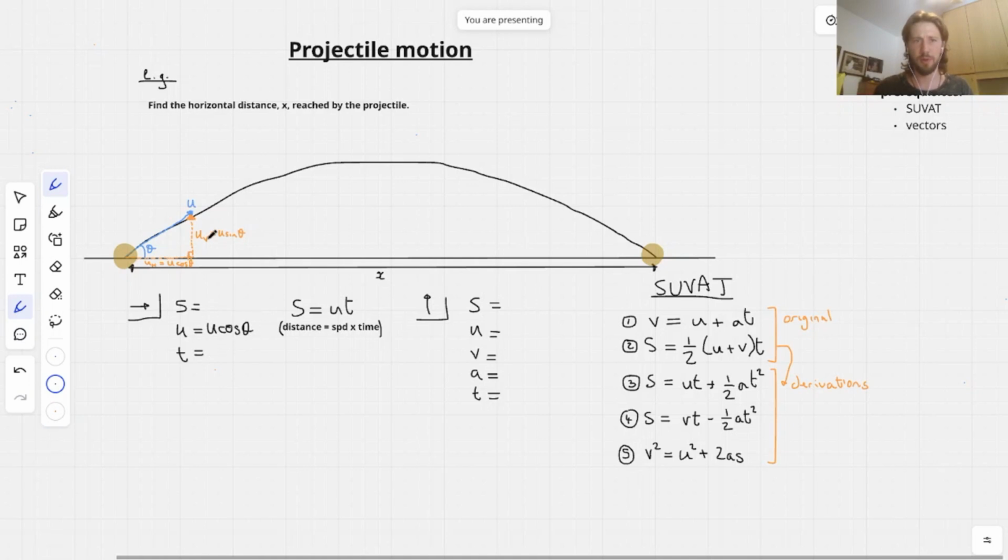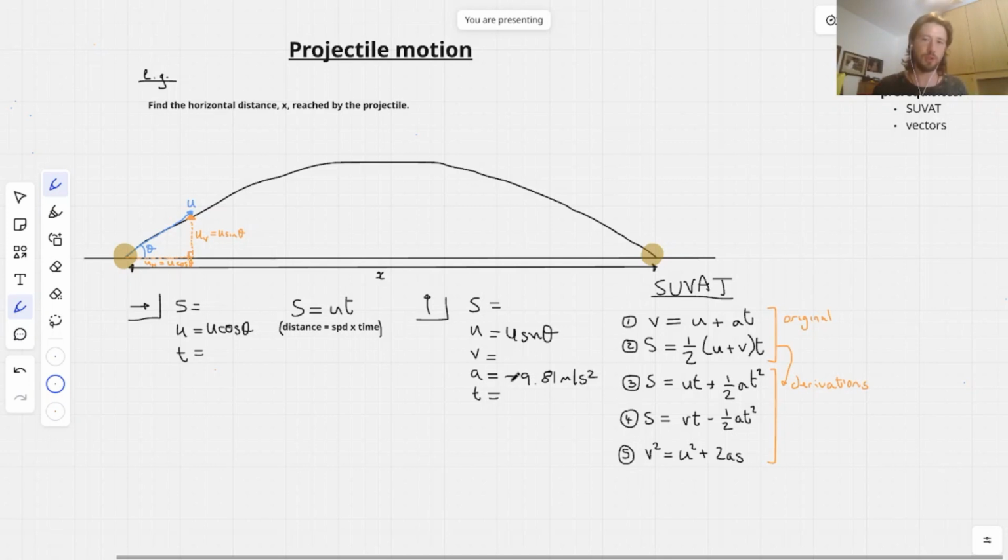And the vertical component of the initial speed u is u sine theta. So that'll be u sine theta here. Okay. Now, another thing that's almost always true is that the acceleration will be minus 9.81 meters per second squared.